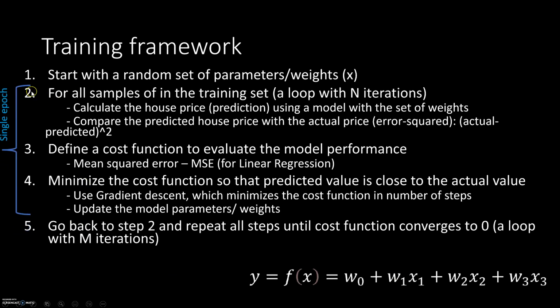What we did in steps 2, 3, and 4 is called a single epoch. We repeat this process for many epochs until the cost function converges, which means it's close to 0. When that happens, we get the final set of weights, which are satisfactory and have minimum cost. That's our final trained machine learning model.